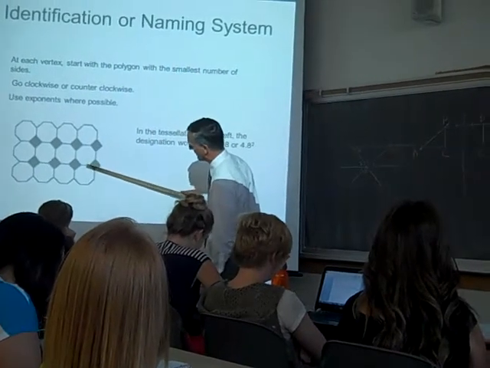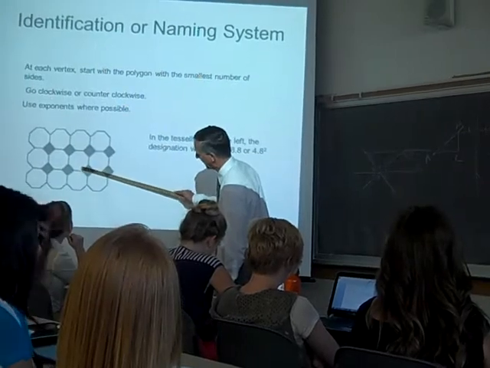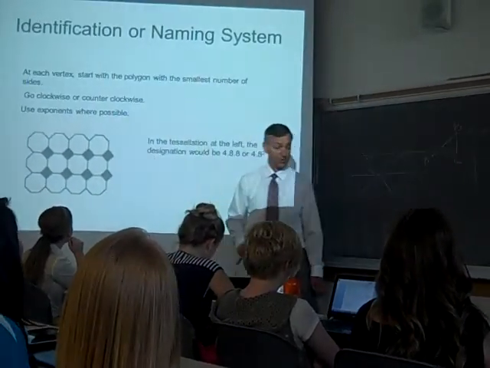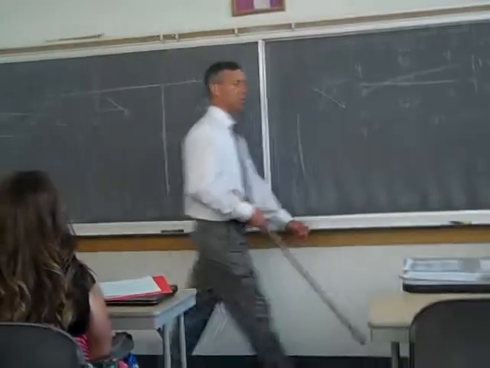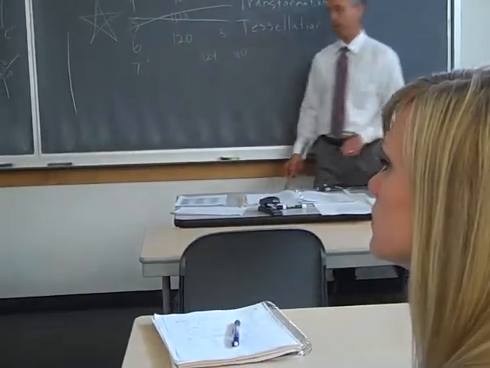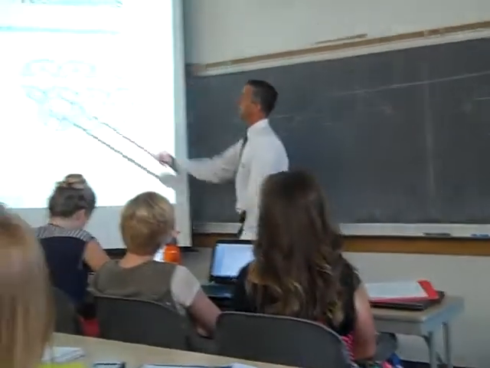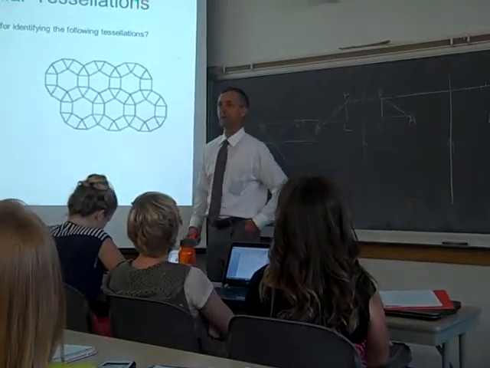No matter where we start, there's 4, 8, 8 as we go around. Do you see it? Start at the smallest, go either direction. So, what I'd like you to do is figure out the designations for these two semi-regular tessellations.